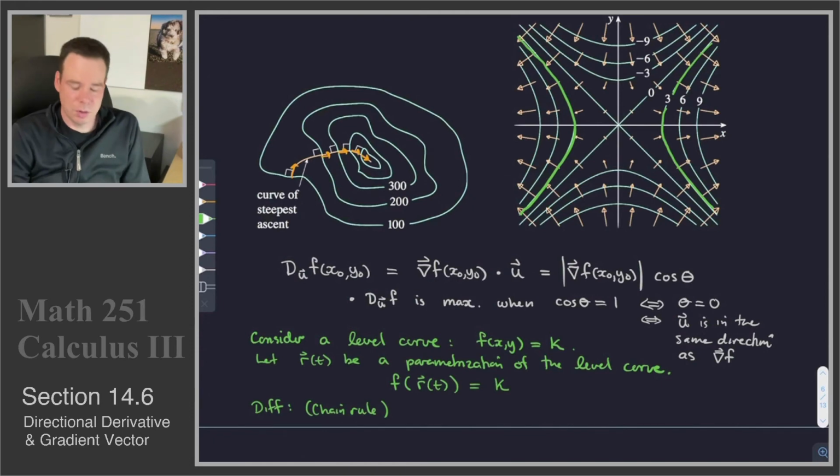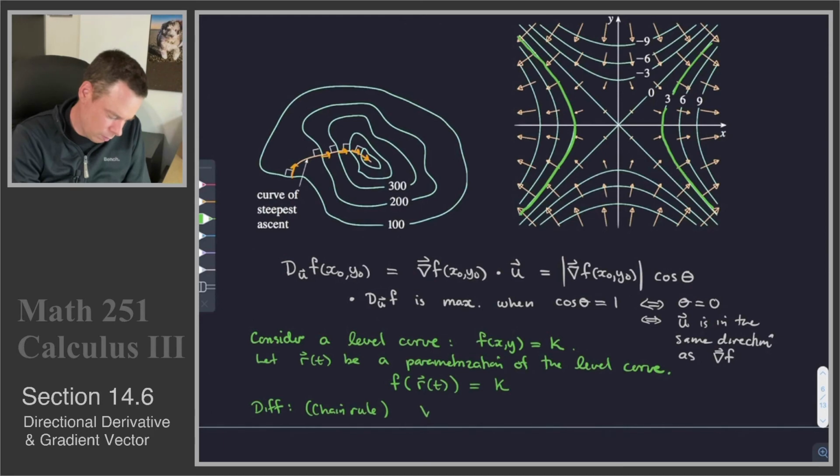Outer functions are functions of two variables. The inner function, there's an x component for our parametrization, a y component for our parametrization. Each of them are functions of t. So when I do the chain rule, it might take you a second to see this, but I can write it in a condensed form. It's really the gradient at r of t dotted with r prime of t.